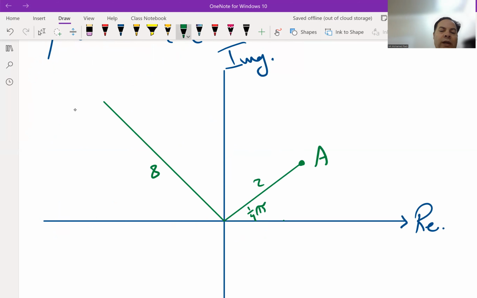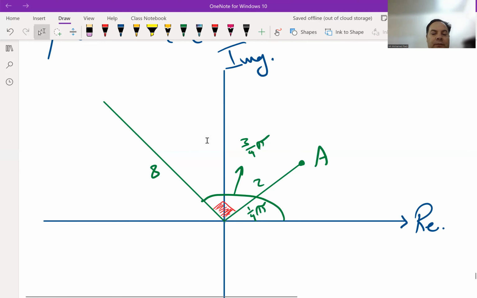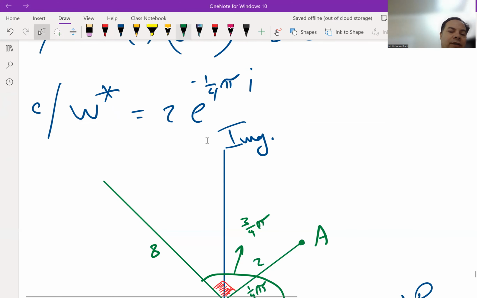And this whole angle is 3 pi over 4. You can subtract them, so the measure of this angle is 90. 3 pi over 4 minus pi over 4 is pi over 2, which is 90 degrees. Plot this point, it represents B.